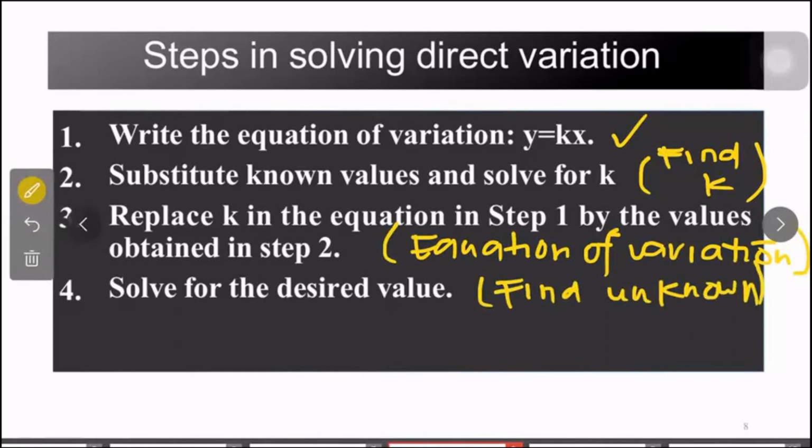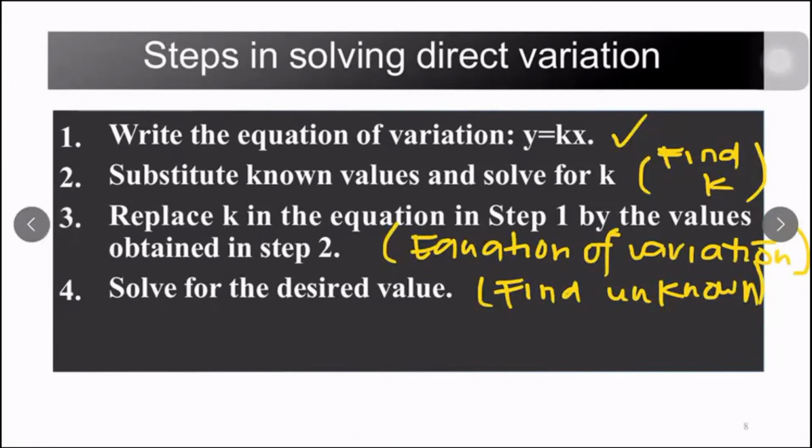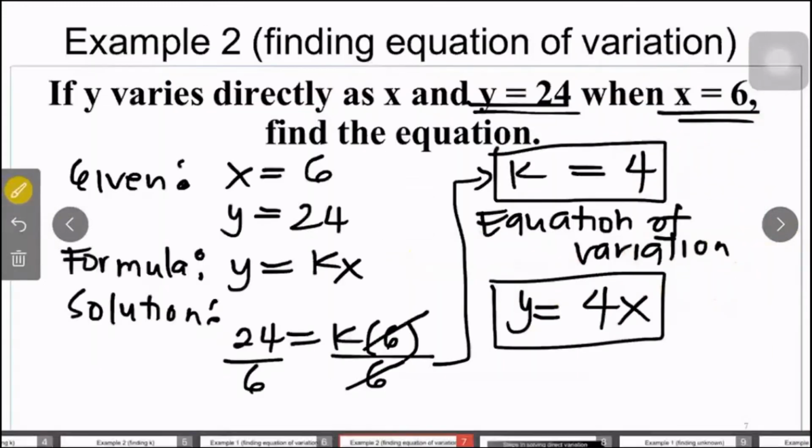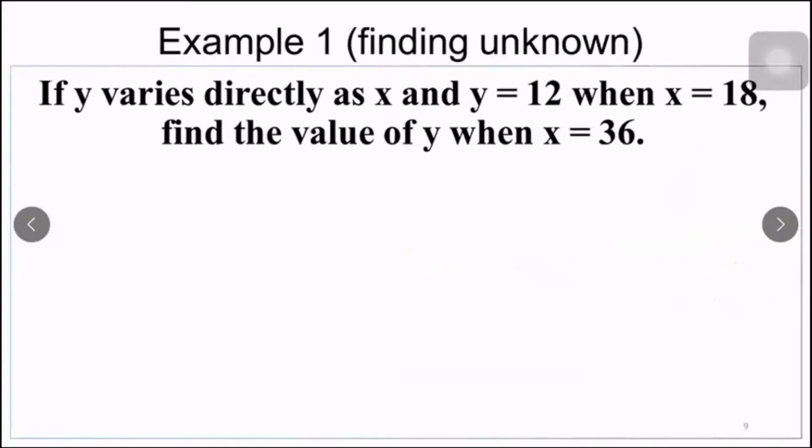So now, are you ready? Let us apply the concepts that we have discussed a while ago and solve for the unknown. Let us go to our first example for identifying the unknown.